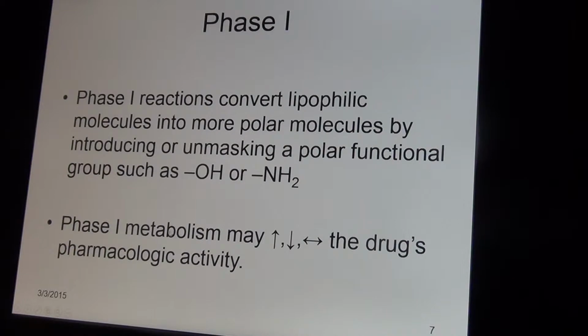Phase 1 metabolism may increase, reduce, or maintain the drug's pharmacologic activity.